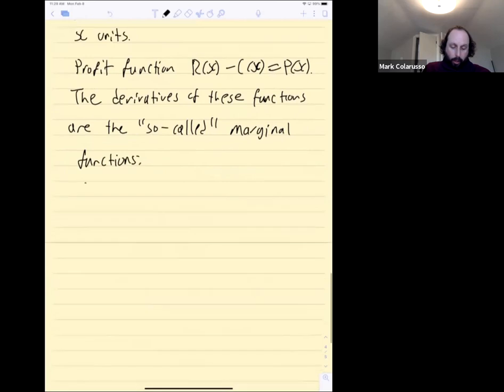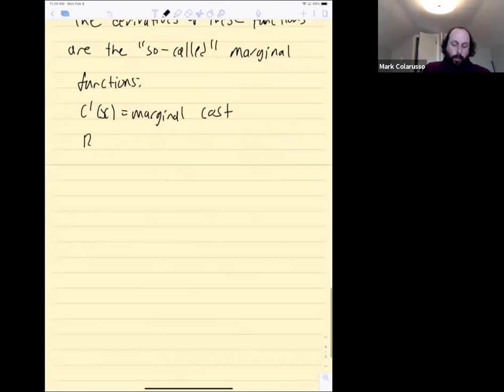So the derivative of the cost function is marginal cost. Derivative of the revenue function is marginal revenue. And the derivative of the profit function is the marginal profit.